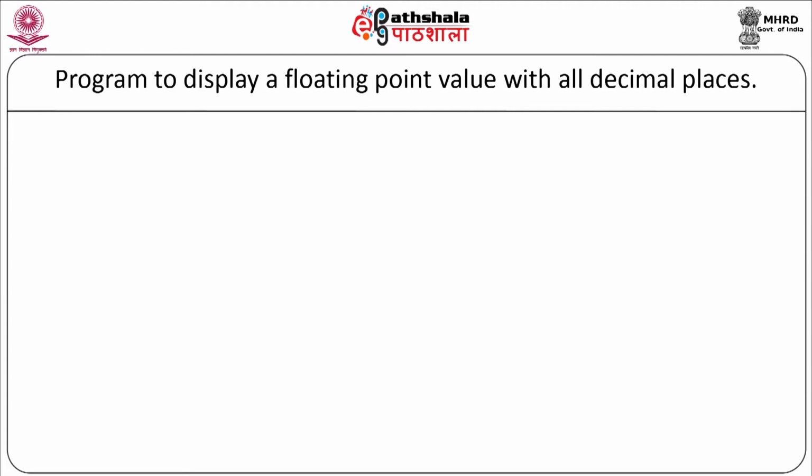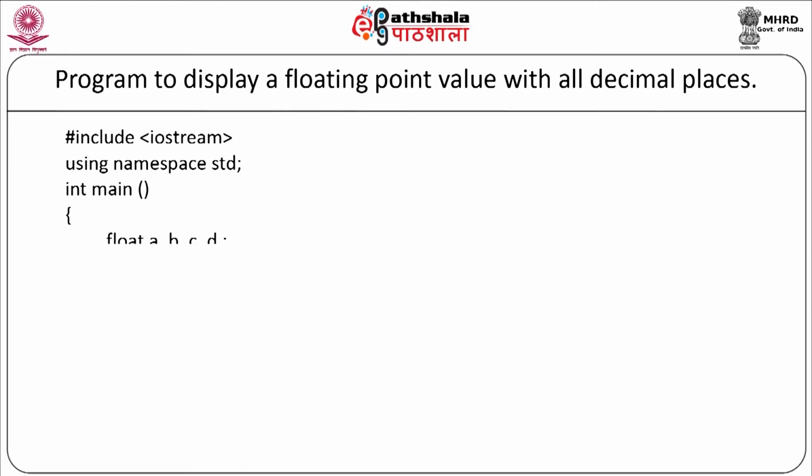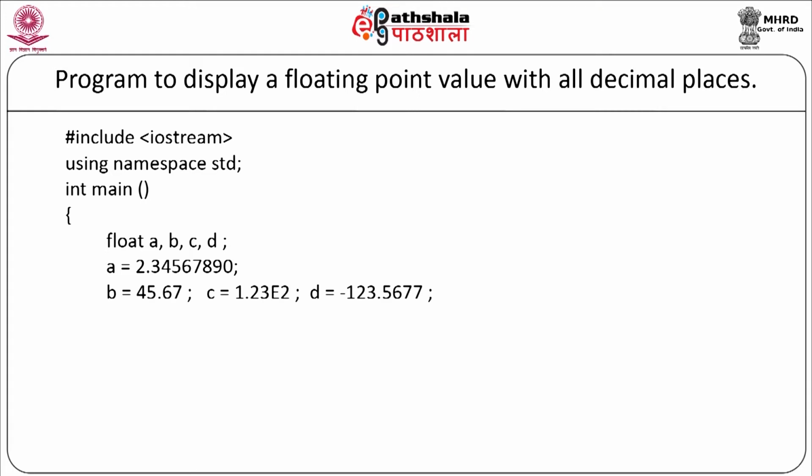Now let us see a simple program to display the floating point value with all decimal places. We will start with the program. #include <iostream>, using namespace std, int main, float a, b, c, d. Now we are trying to give different values to these float variables. a equal to 2.34567890, b equal to 45.67, c equal to 1.23e2, d equal to -123.5677.